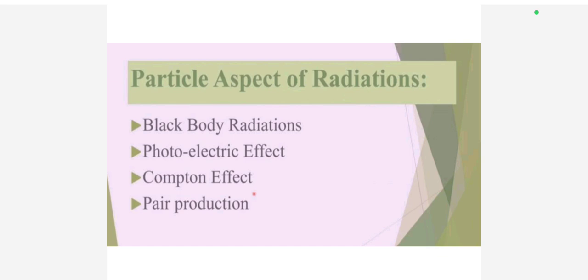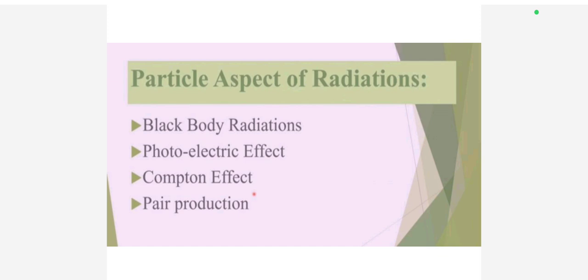The Compton effect was discovered in 1923 by American physicist Compton, who won the Nobel Prize in 1927. The effect is a result of quantum mechanics, especially relativity, and it derives from the classical theory of how electromagnetic waves interact with atoms. And last is pair production.